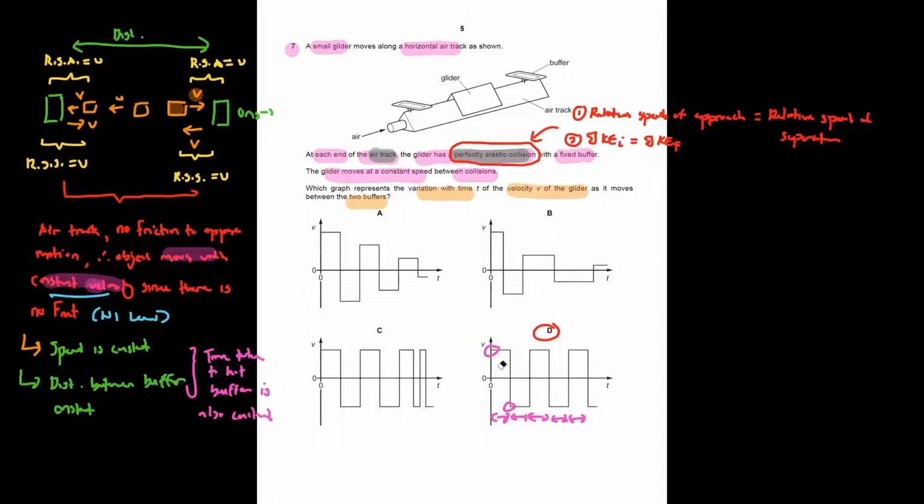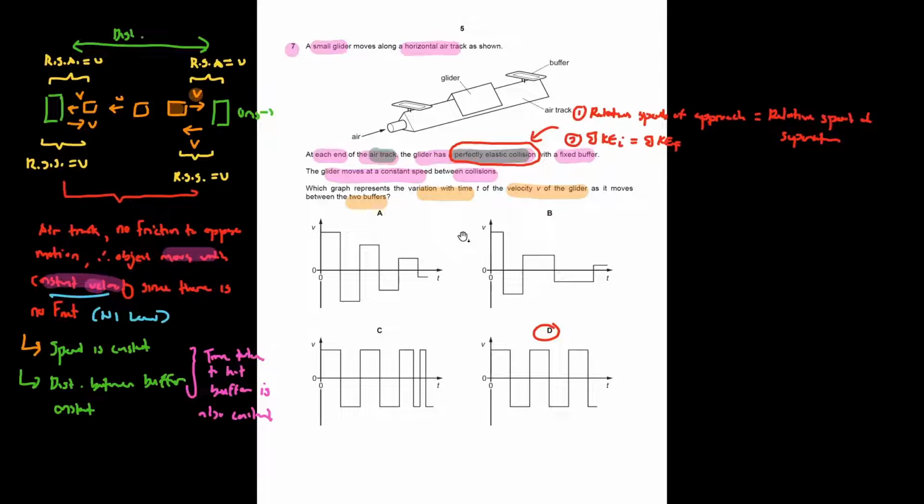This is why the answer is D, not C. In C, you'll notice that the time to hit your buffer is getting less and less. This cannot be the case here. You can only say C if your glider is suddenly speeding up, which would explain why the time taken to hit the buffer is getting shorter. All right, so that's question 7.